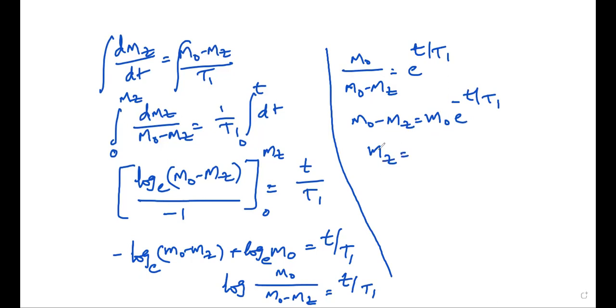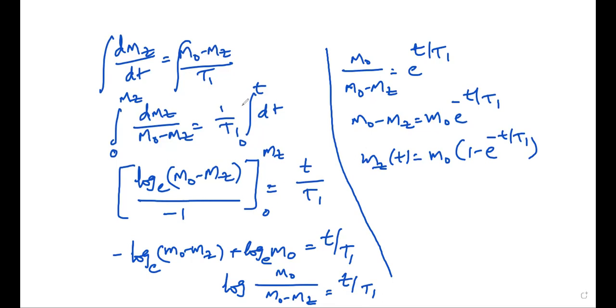Then Mz is equal to M naught into 1 minus e power minus t by T1.